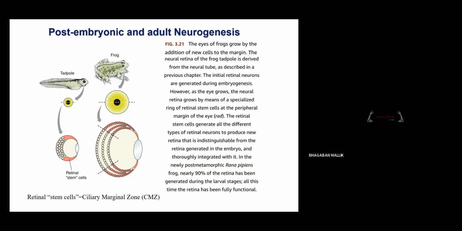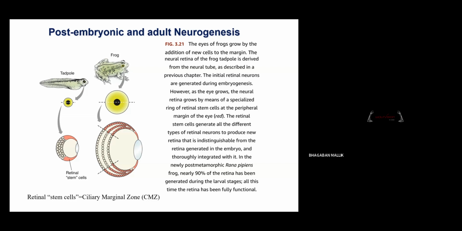If you look at this tadpole eye, there is a specific group of cells present in this eye called stem cells, also called ciliary marginal zone cells or CMZ cells. They have the capacity to produce different sets of neurons in the retina, and when the tadpole develops into the adult frog, you can see that the eye size is bigger.